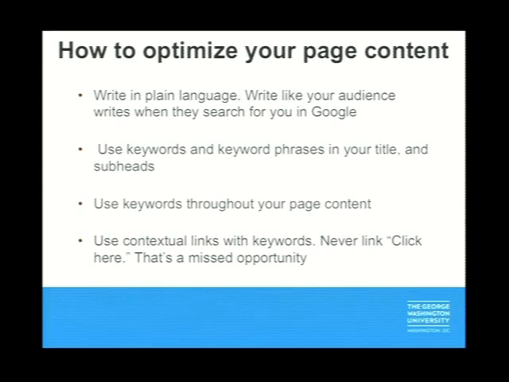And then one thing that is probably the toughest, and I see a lot of click here's throughout content. That's a missed opportunity. Never use click here when you're linking out to stuff. What that'll do is Google will think you're an expert on click here. Google's going through and looking at what you're linking to and using that as a way to evaluate what you're an expert on.